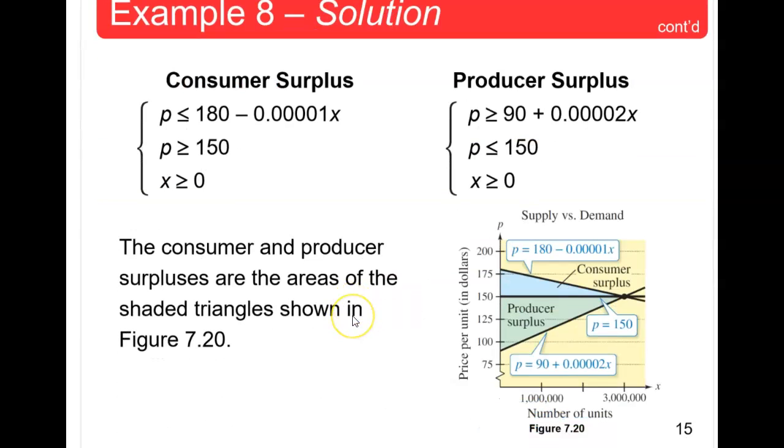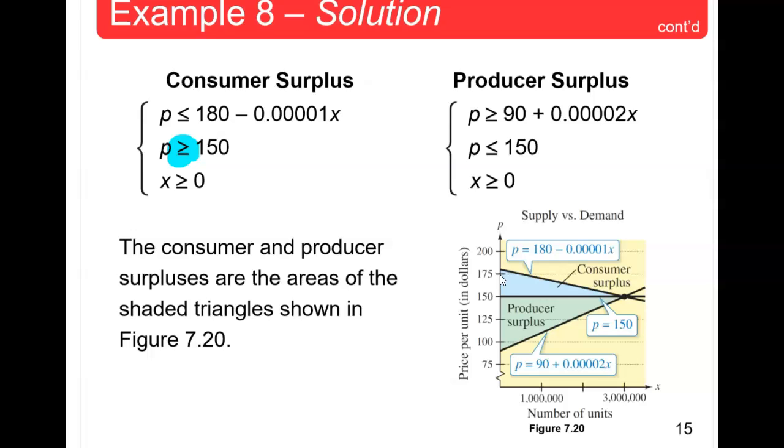Okay, so to find the solution, we have here the inequalities. And I want you to notice that the consumer surplus was defined as what they're willing to pay above the price. Remember that. And so because of that, we will use the greater than here. Now, for the producer surplus, the 150 is the equilibrium point.